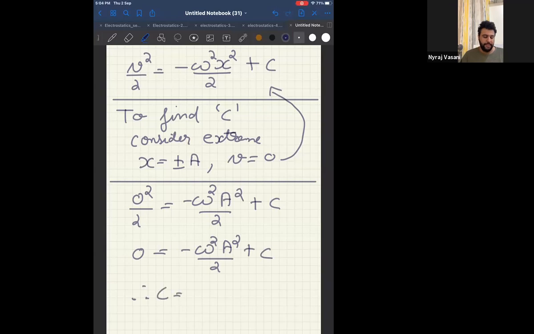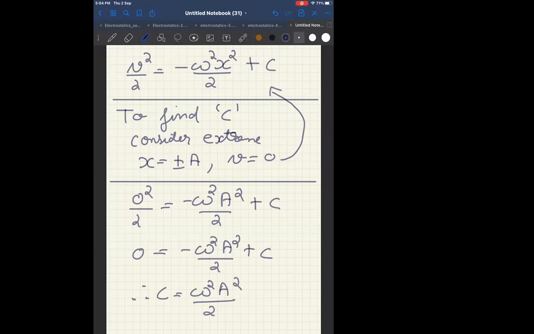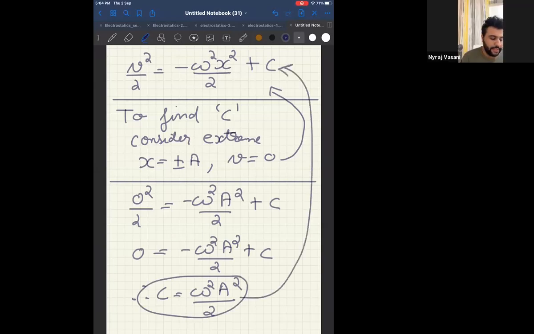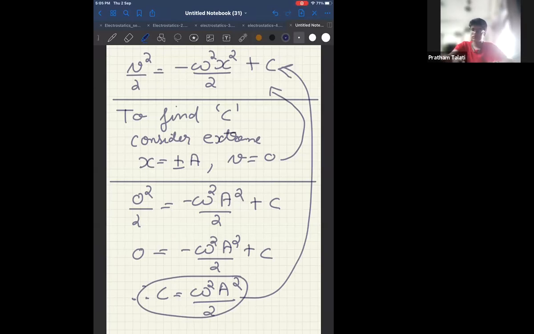Therefore, c is equal to omega square a square by 2. Everyone getting this answer? Now, this answer of c, I have to put back in this equation and continue my derivation. Whatever I did on this page was just to find the value for the constant c. So make a note.